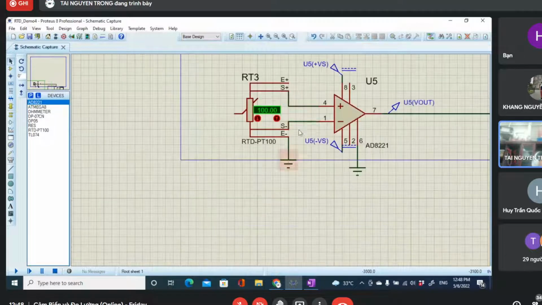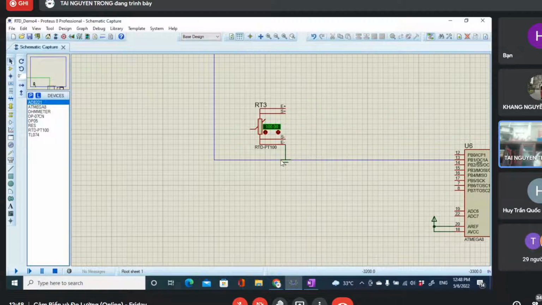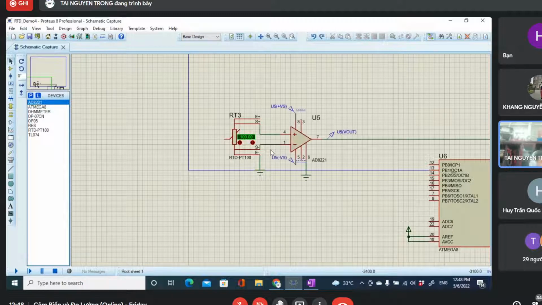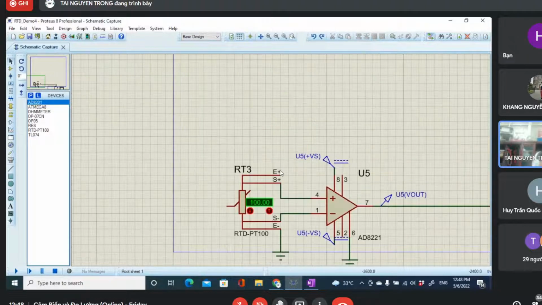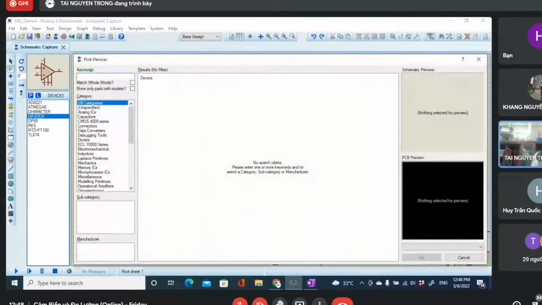In this case, I will test how to apply the current. We need an op amp for the current source.